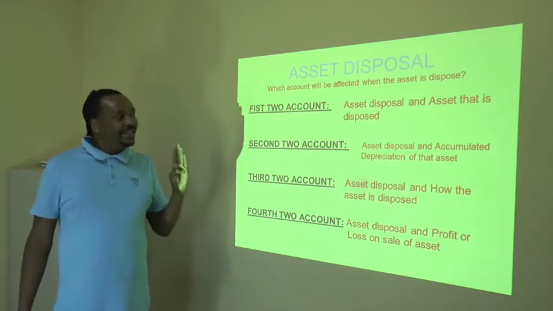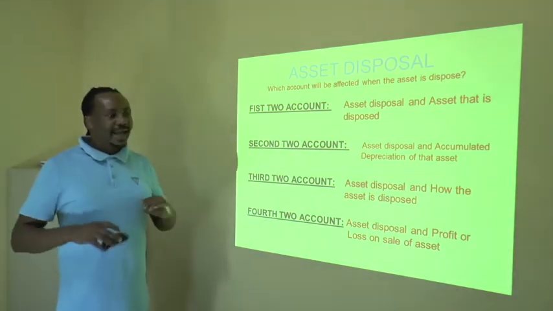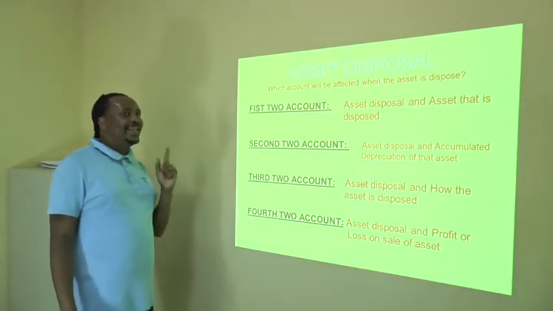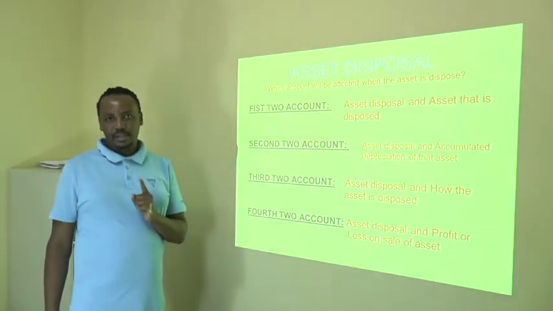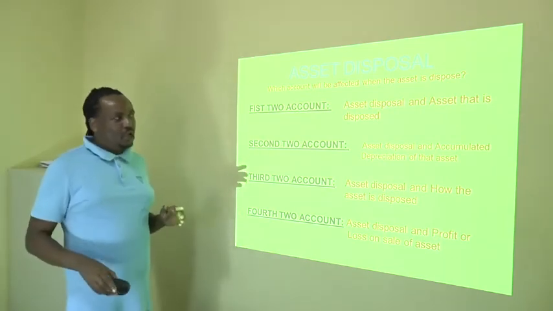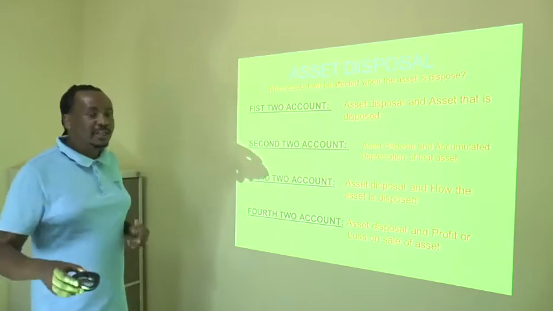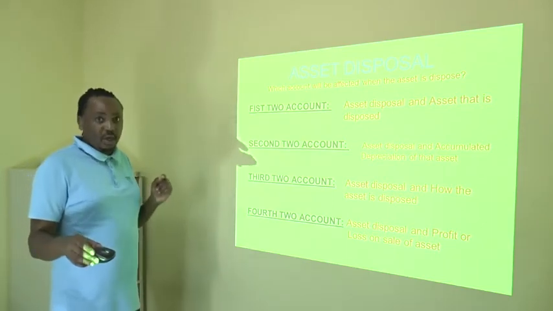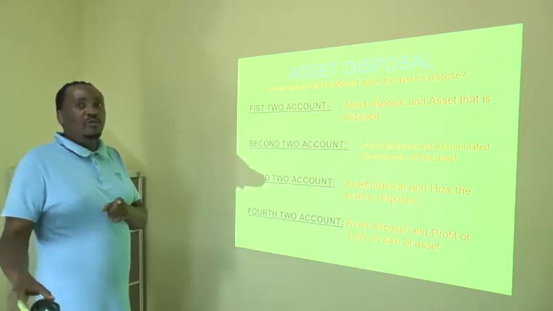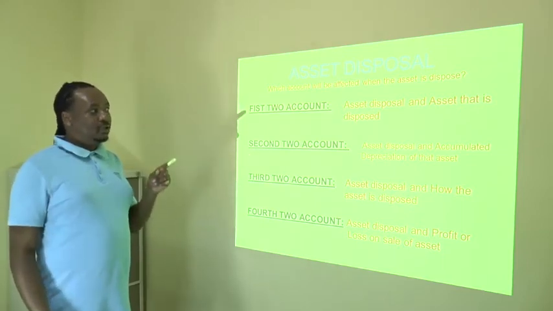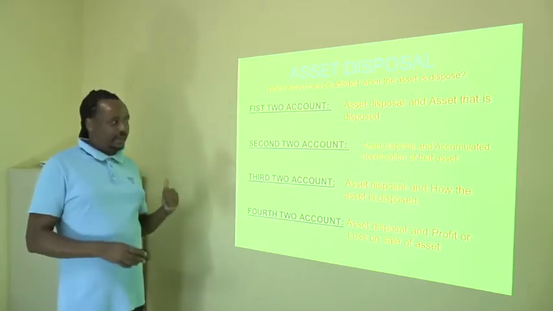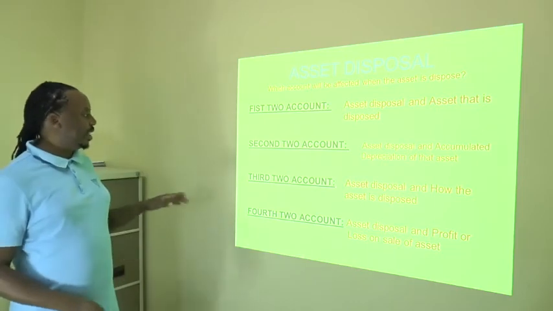Remember, the asset, the vehicle for example, is increased on the debit side and decreased on the credit side. So if the asset has been disposed, that means the asset will be decreased, so the credit entry of the asset will be shown. Which means the asset disposal will be debited by the asset that is disposed. If it's a vehicle, by the vehicle. And we are going to show you that in the example.